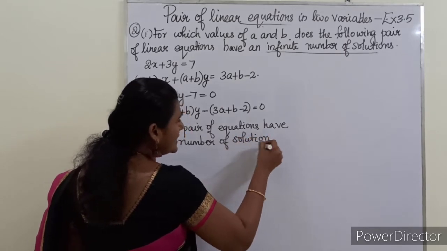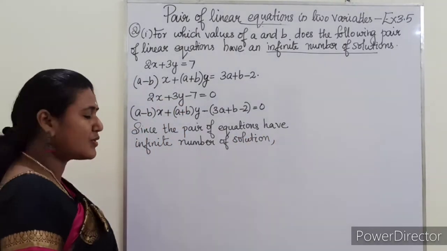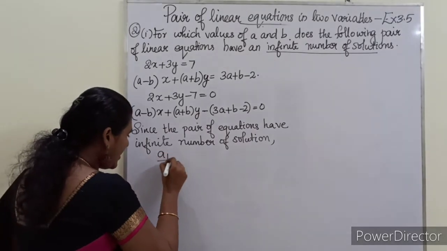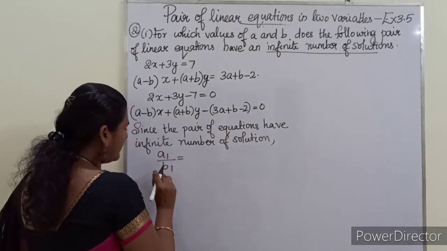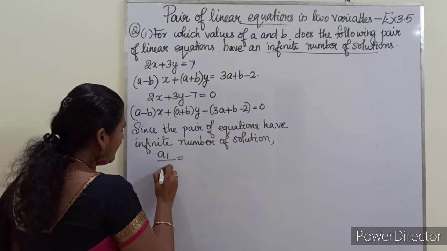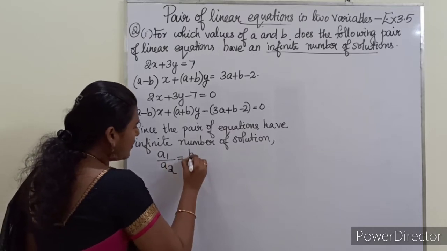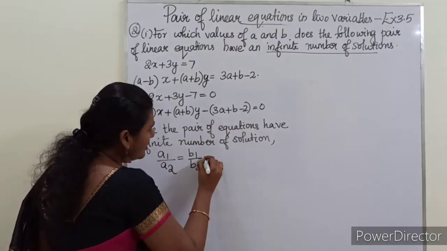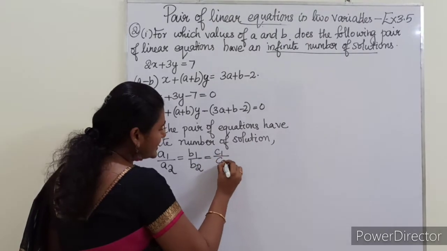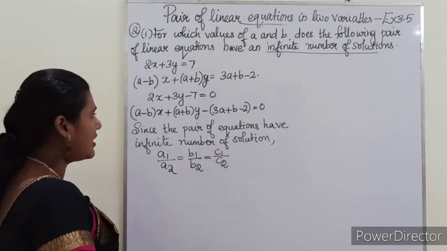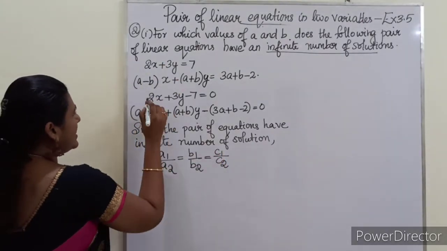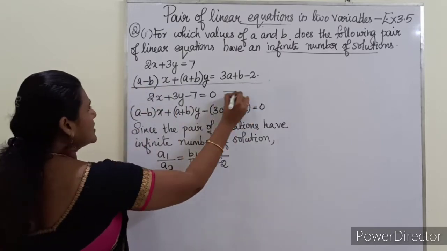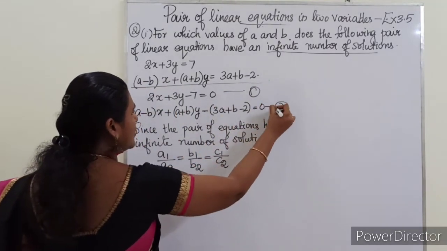So what is the condition for infinite number of solutions? a1 by a2 is equal to b1 by b2 is equal to c1 by c2. So this is our condition. Now we will write what is a, b and c. So this is our first equation and this is the second equation.